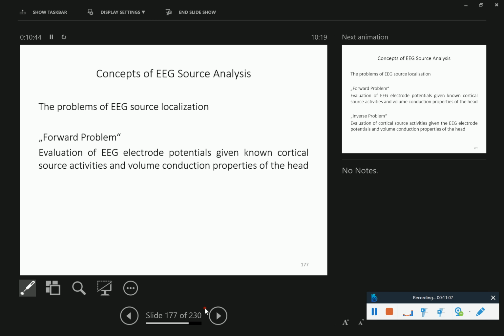One is the forward problem, which, a little bit more formally than what I previously said, is the evaluation of e.g. electrode potentials given known cortical source activities and volume conduction properties of the head.